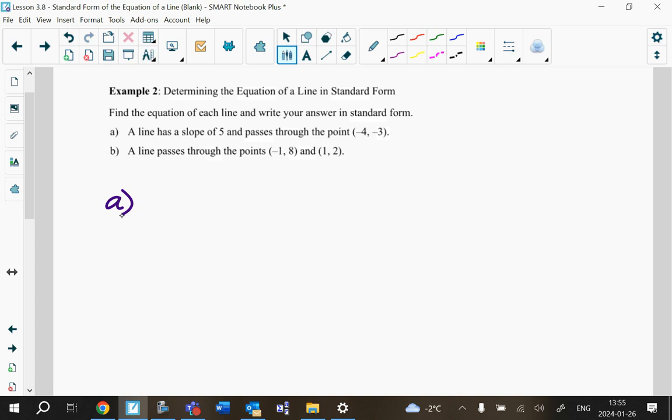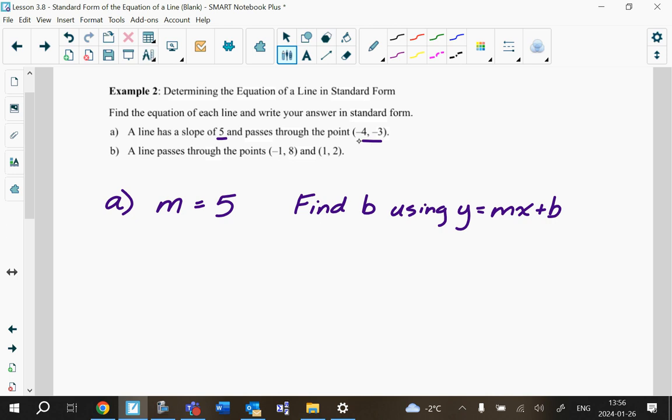Slope. Am I given it, or do I have to find it? It's 5. I'm given it. I'm not given the y-intercept, but I use that point to find it. So I find b using y equals mx plus b. So I use this slope and that point to plug everything in except for b.